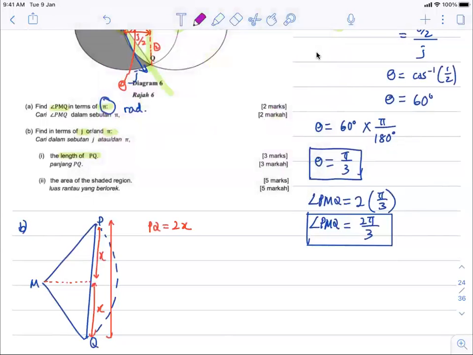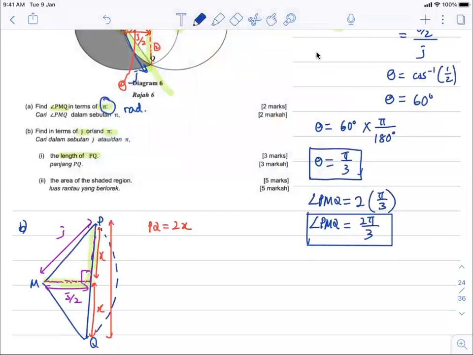Now, notice that this horizontal line and this vertical line form a 90-degree right angle triangle. We know the length of the radius, j, and the base of the triangle, j/2. We can use the Pythagoras theorem to find the length of x.